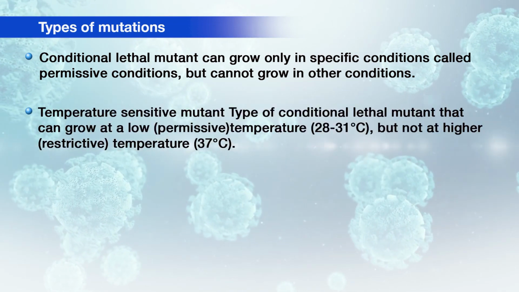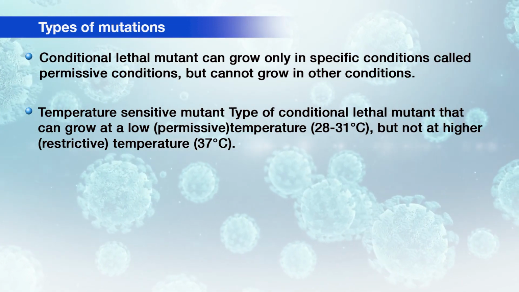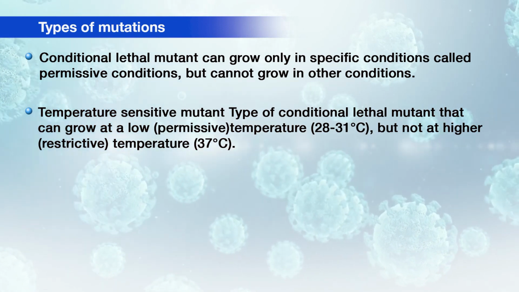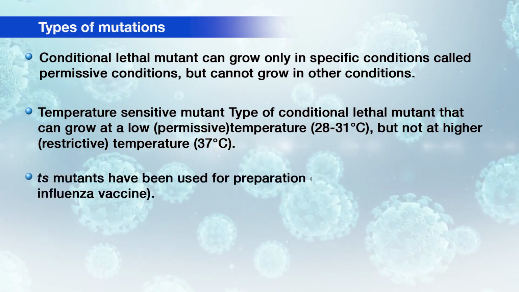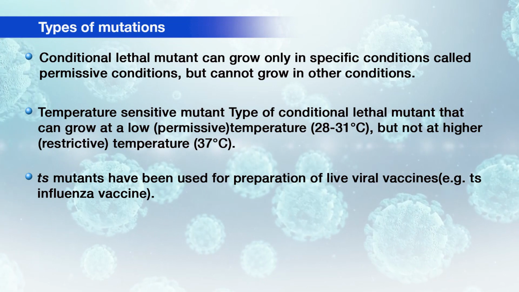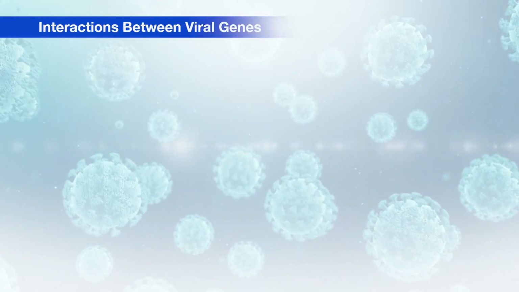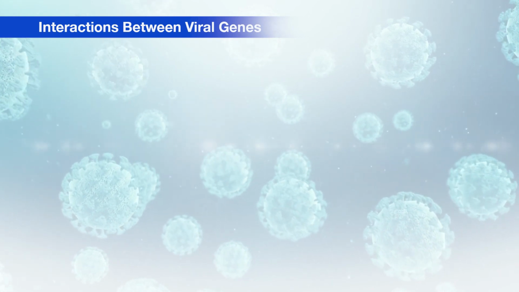A temperature sensitive mutant is one that requires a low permissive temperature of 28 to 31 degrees centigrade, but not a higher restrictive temperature, which is 37 degrees centigrade. An example of this is the TS mutant used for the preparation of viral vaccines, like the TS influenza vaccine.